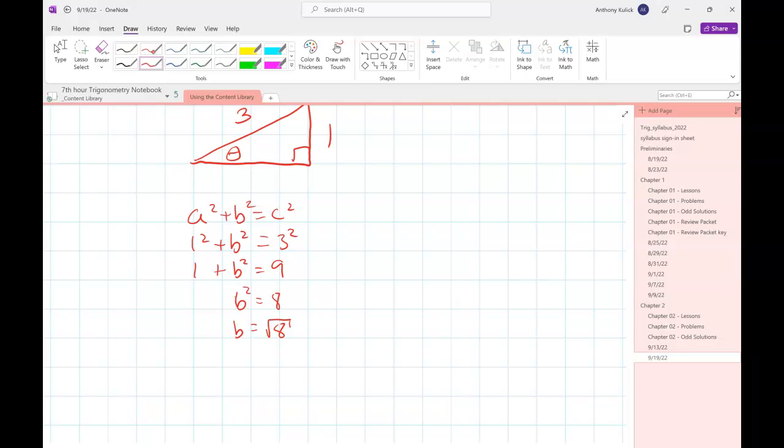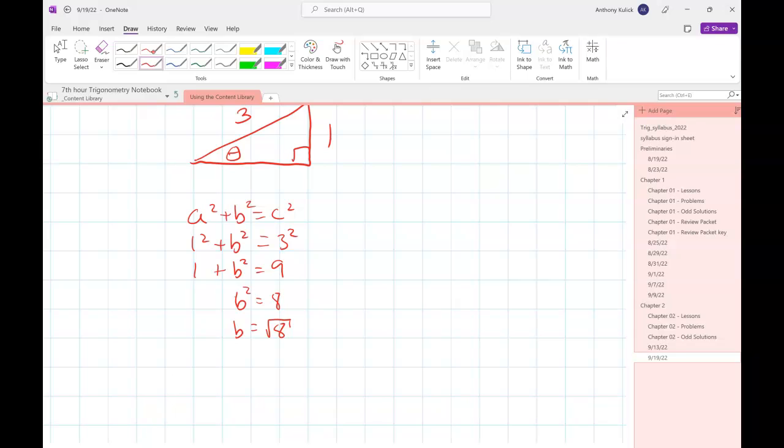Do you remember how to simplify the square root of 8? 2 square root. Yeah, 2 square root. Okay, you're close, so you have the right idea. What we want to do is break this apart into factors.